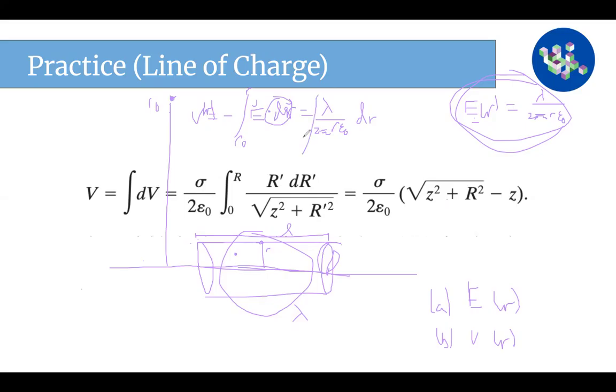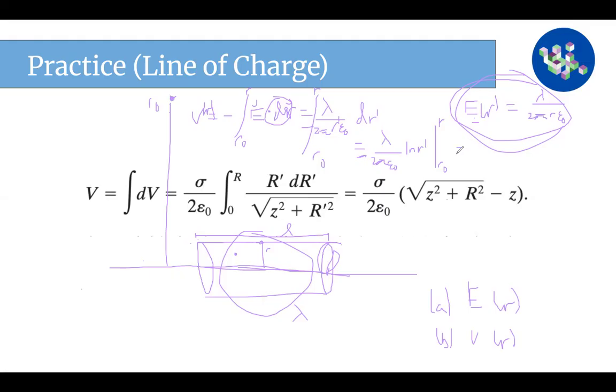So it equals the negative integral of that from r0, and I'll let this dummy variable be r prime to not confuse it with the r. Then notice that the antiderivative is negative lambda over 2 pi epsilon 0 times ln of r prime, where r prime goes from r0 to r, right?